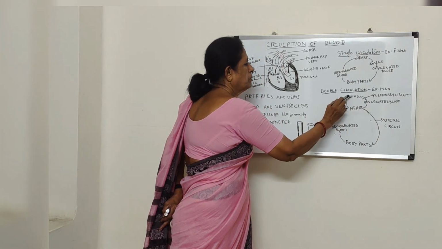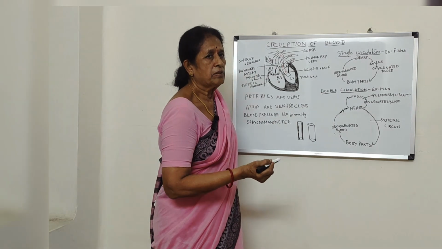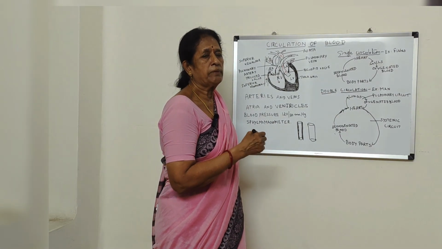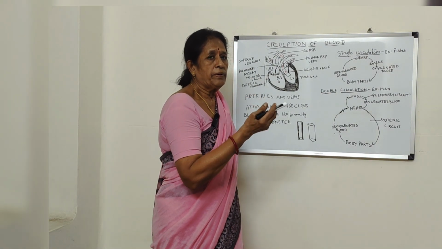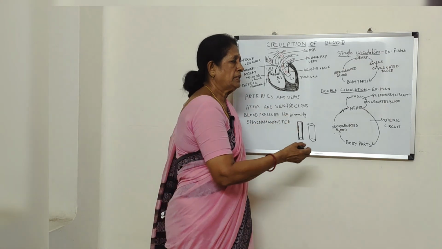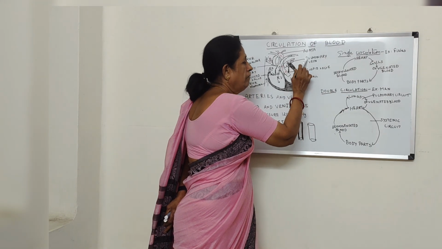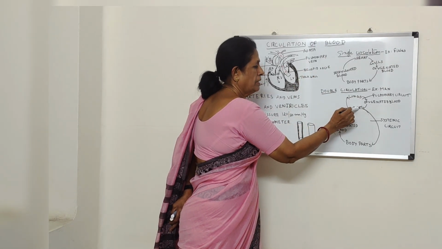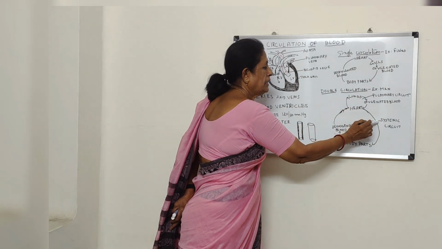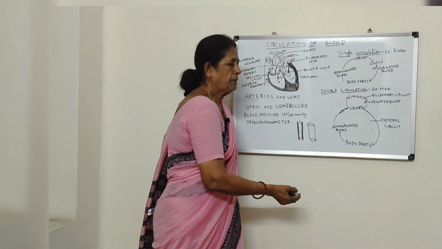From the heart, the blood goes to the lungs. In the lungs the blood gets oxygenated. In the alveoli, by diffusion, carbon dioxide is given out and oxygen is taken in. The oxygenated blood is collected by the pulmonary vein and goes back to the heart. From the heart, the oxygenated blood is supplied to the body parts.